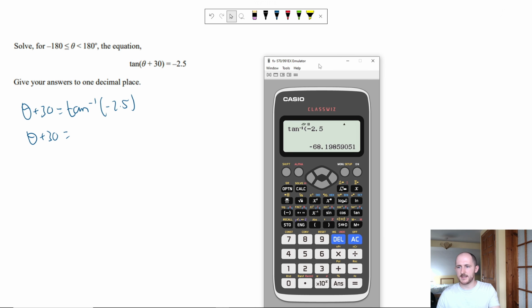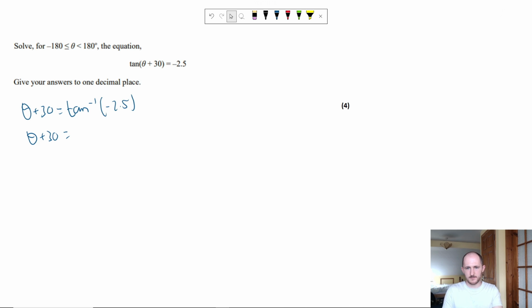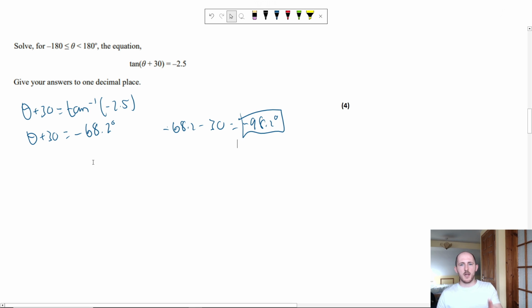That gives me minus 68 point something. It says to one decimal place, so we're going to leave our answers to one decimal place. And then you'd take away 30 from both sides, wouldn't you? You'd do minus 68.2 minus 30, and that'd be minus 98.2. And that would be your answer in this case.